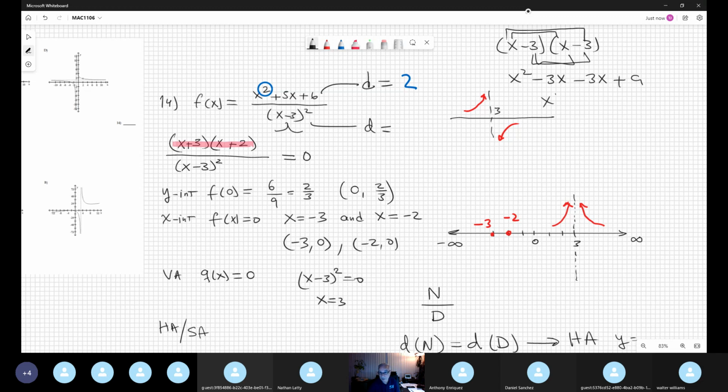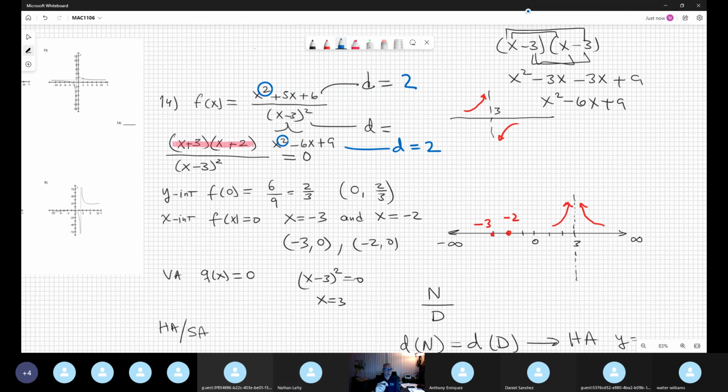We combine later, as always happens in FOIL: minus 6X plus 9. Mentally, I can erase that part. This is equivalent to x squared minus 6x plus 9. And one more time, the degree is 2. Do you see or no?